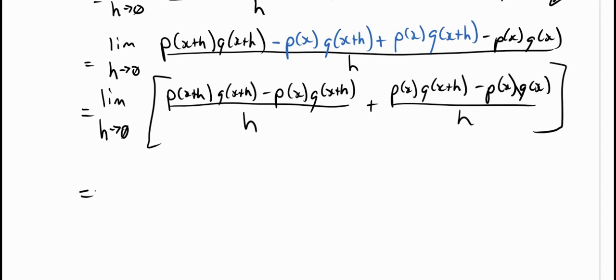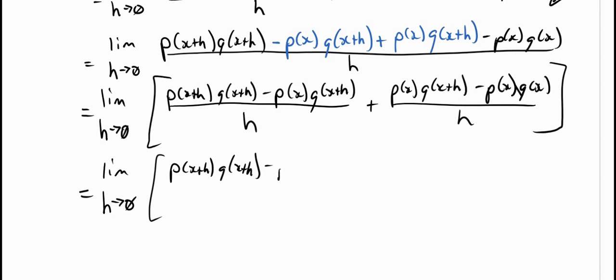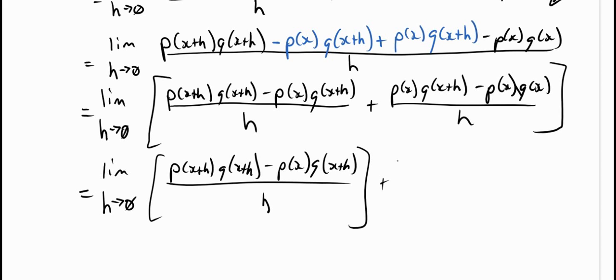The order here that you choose to do this could change. So let's do this first. Limit as h approaches 0 of p at x plus h, q at x plus h minus p at x, q at x plus h over h. So this, again, is the same as the last one.